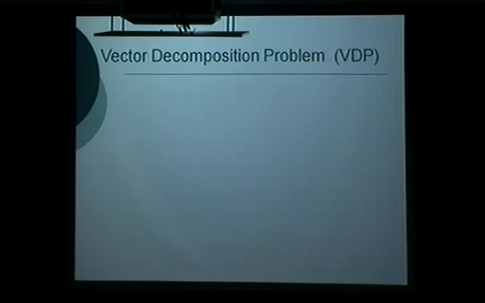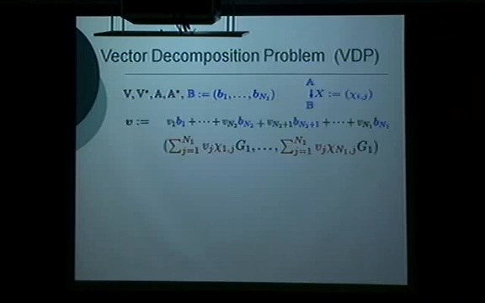The vector decomposition problem is defined like this. Firstly, the two spaces V and V star, the canonical basis, and a random basis of V are given. X is a secret, a kind of trapdoor, not derivable from the public values.